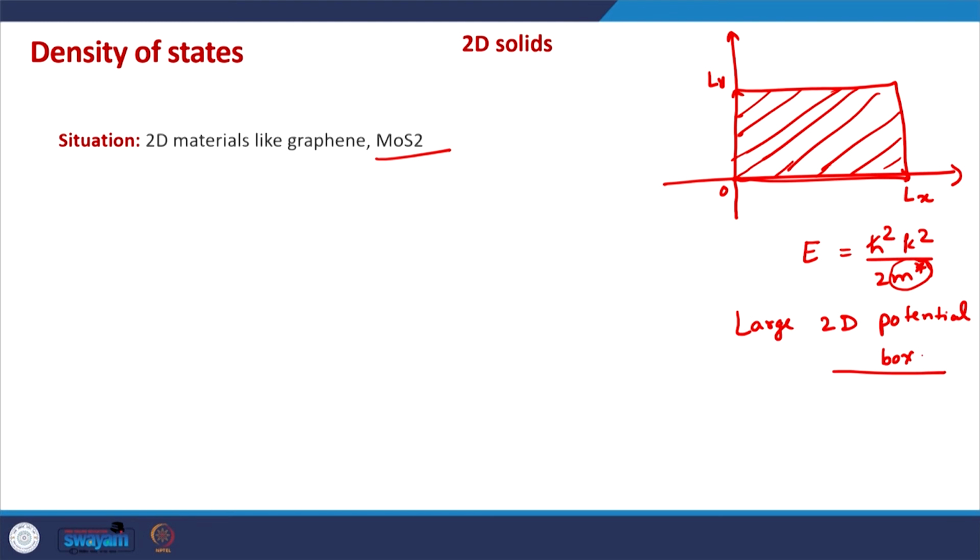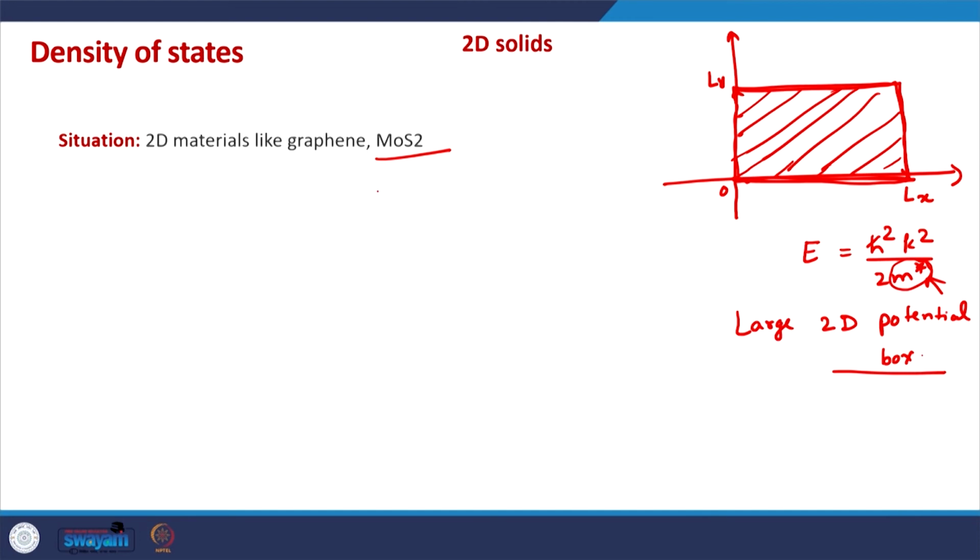Since the effect of crystalline potential has been encapsulated in the idea of effective mass, we just need to solve the Schrodinger equation for the entire solid, which becomes a potential box at least as large as the solid, but a 2D potential box.